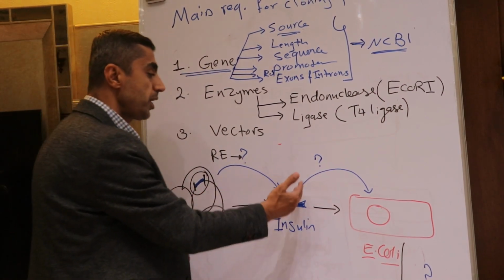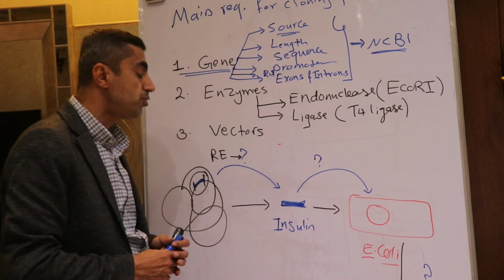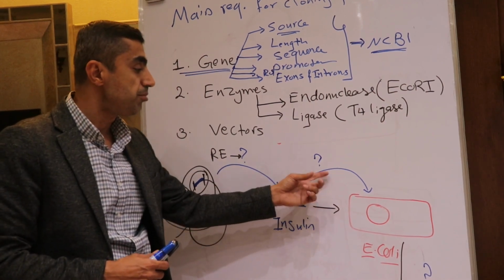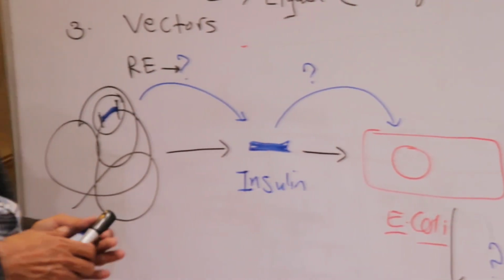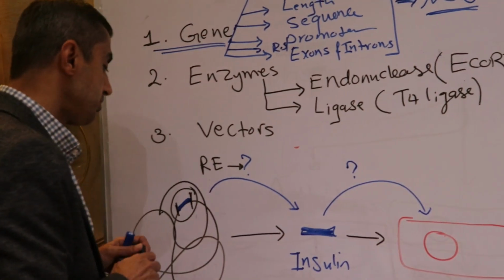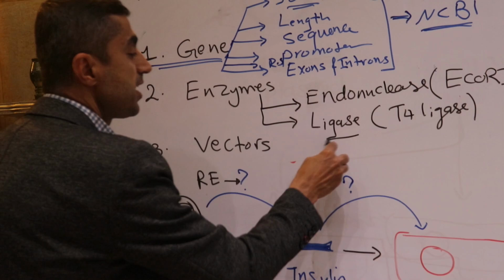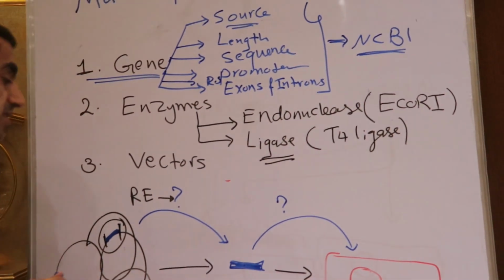After cutting, we have to insert it into a vector before transfer to the living cell. But how? Through using a second enzyme which is called ligase enzyme.